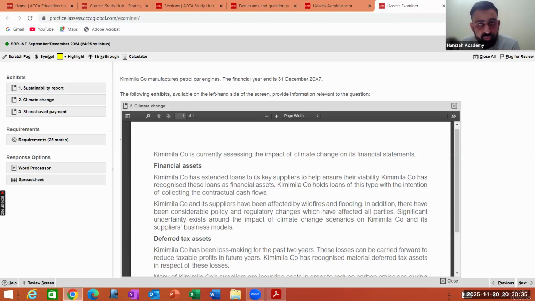They would not be able to pay you back in full. So it has created uncertainty on the part of the supplier. So it will trigger the recognition of lifetime credit losses, or even it would trigger recognition of impairment losses on the financial assets. So this is how climate change is going to affect the accounting of the financial asset of K company. You got this?